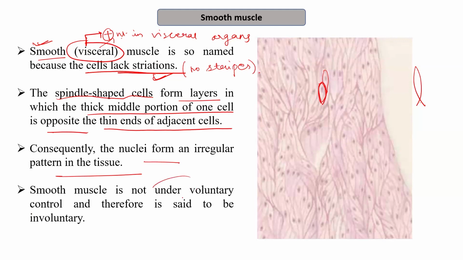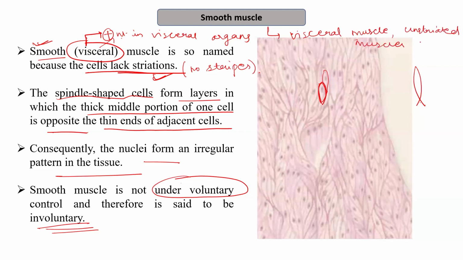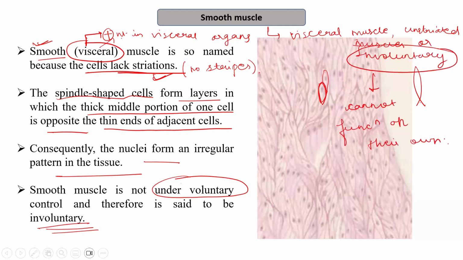Smooth muscle is not under voluntary control, and therefore it is also said to be involuntary. Therefore, we can call smooth muscles visceral muscles, unstriated muscles, or involuntary muscles. That is, they cannot function on their own. So this is the smooth muscle introduction.